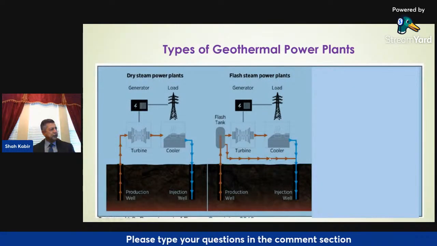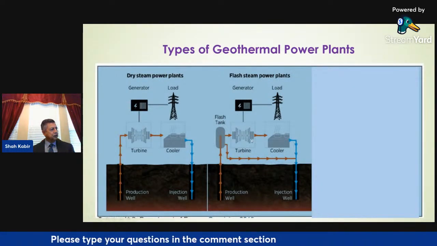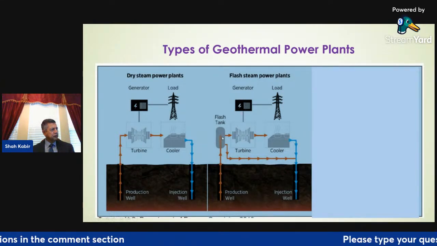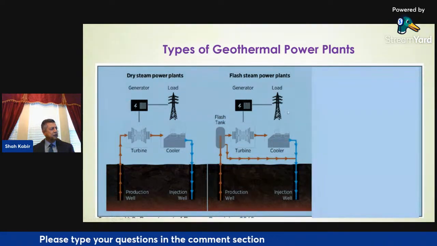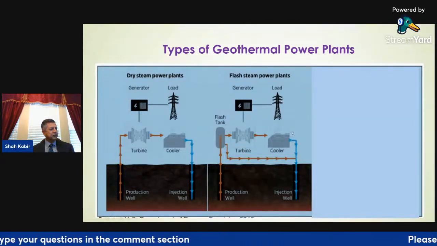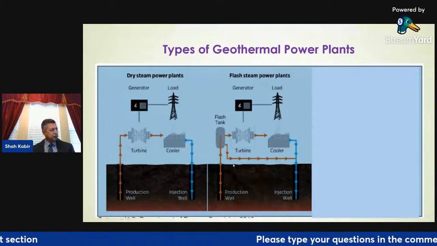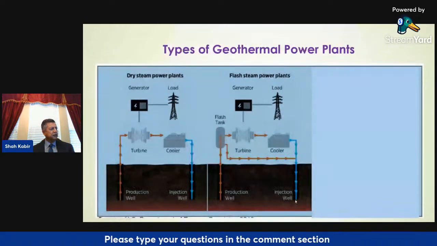But if it is flash steam, then it has to go through a similar approach, a flash tank. Then you put the steam through that, and you can put the power on the grid. And then we send the liquid down to the injection well.